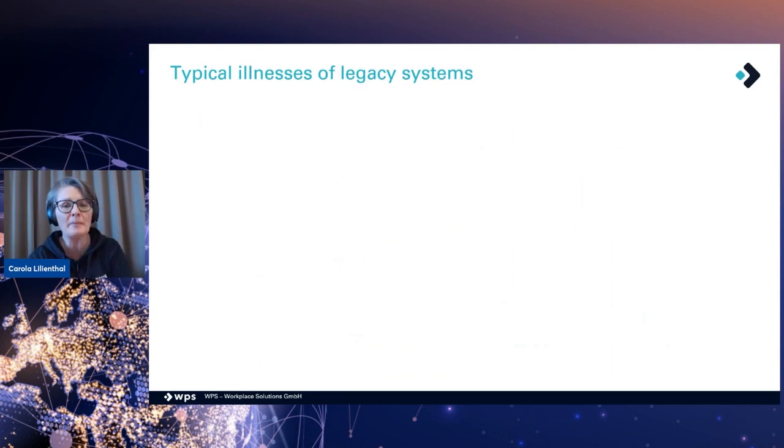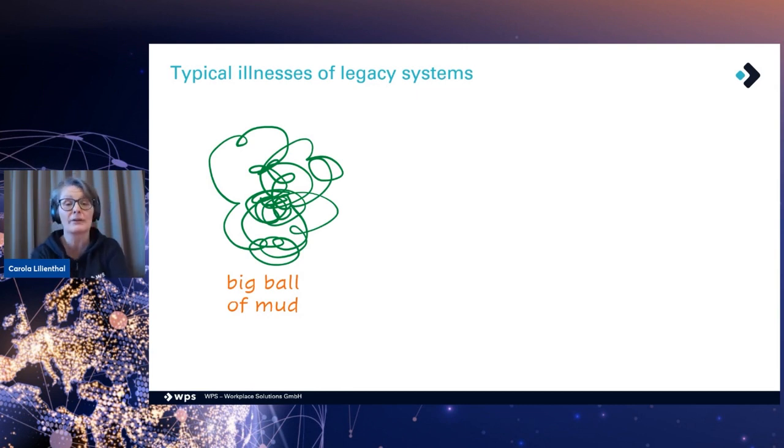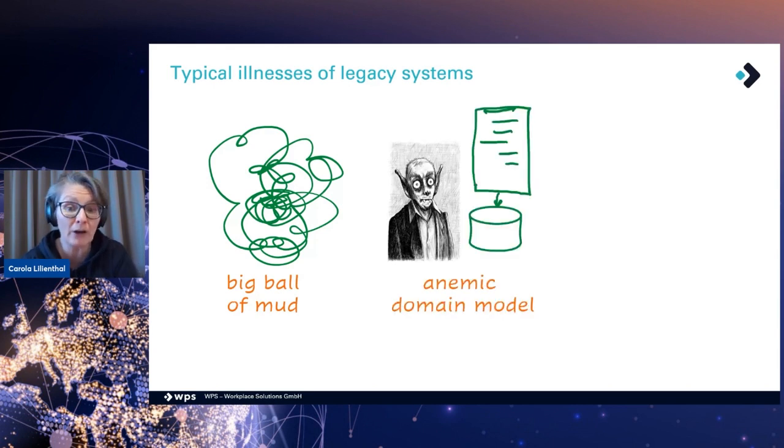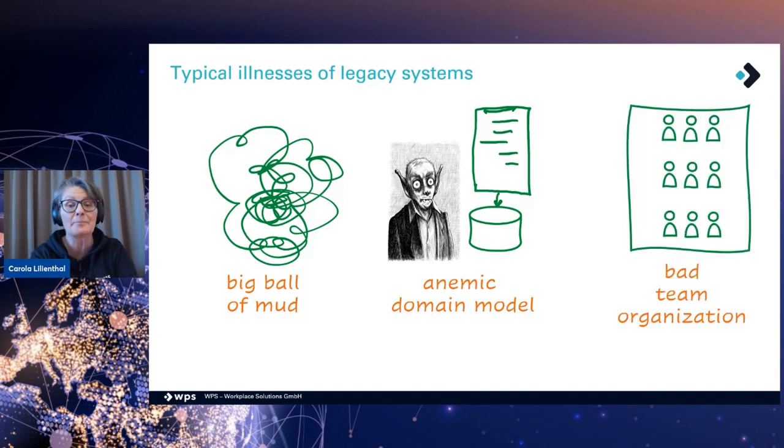The most common diseases we find in these legacy systems that are red are the aforementioned big ball of mud. I already talked about that. Another thing we find very often are anemic domain models. I will come to that later. And what we see very often are badly structured teams.